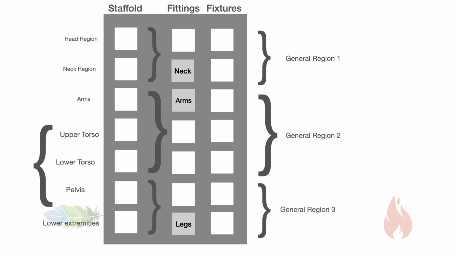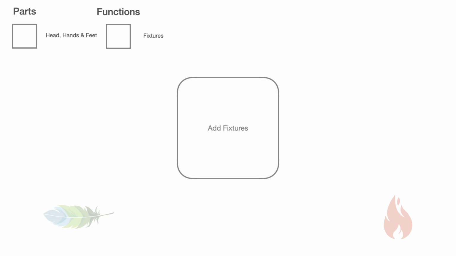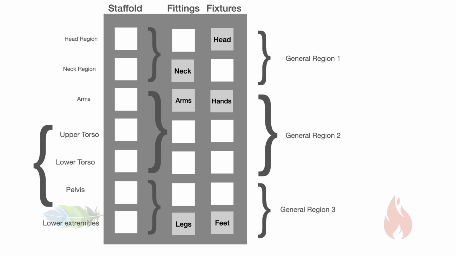And so we'll place these parts alongside pretty much their anatomical region. The rule here is that you at least need to stay within the general anatomical region. Now we'll go ahead and place the fixtures also in their anatomical region. And that is the scaffold.